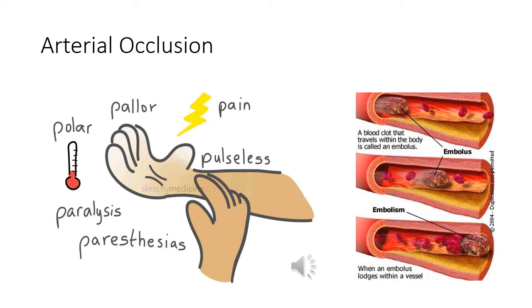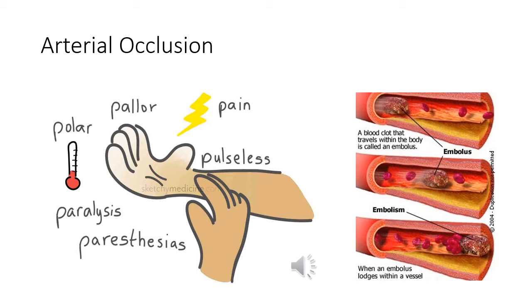Without intervention, an acute arterial occlusion will most likely result in tissue necrosis, possibly also gangrene in just a few short hours. So surgically they may remove the embolus. It's called a surgical embolectomy.